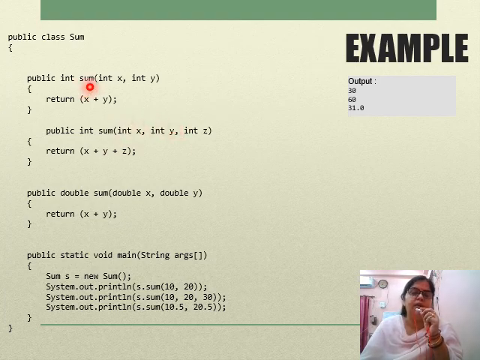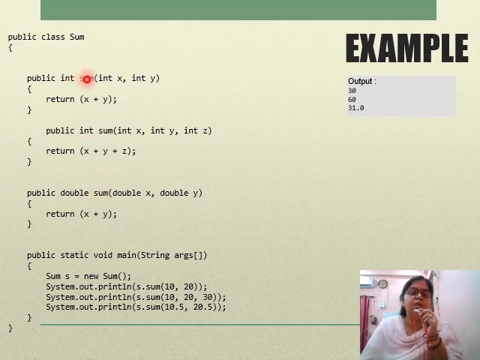See children, sum and sum both have the same function name, but their parameter list or argument list is different. In the first we have got two integer values, in the second we have got three integer values, and in the third we have got two double values. We are doing the sum of, see, all three have the same name sum.